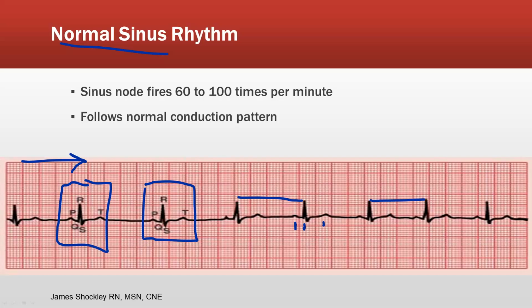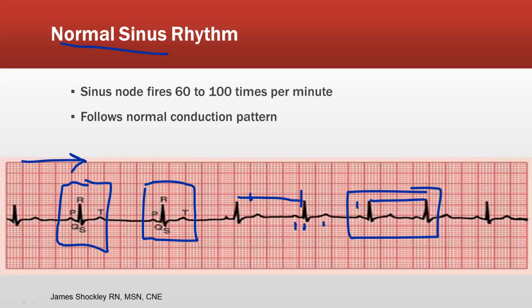The big thing that you notice is that here I have 3 big boxes, and this is almost 4 big boxes, whereas this one here is a little smaller, but I have PQRST.